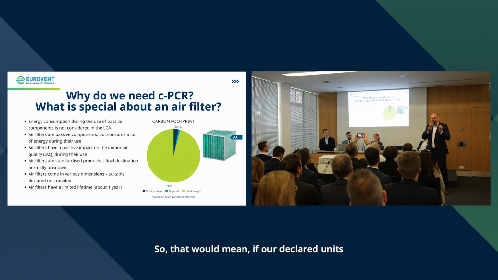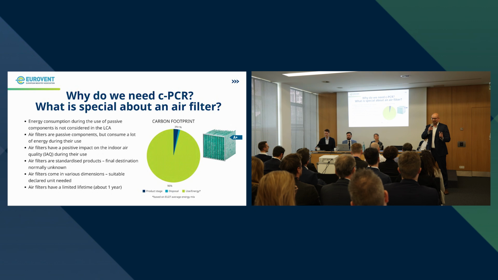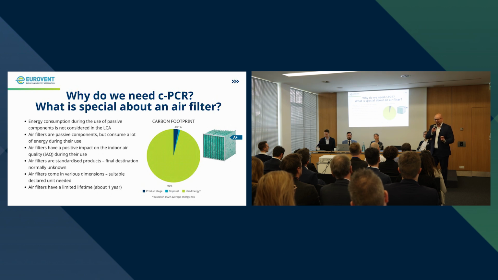So if our declared unit were one air filter of a specific size, one manufacturer would need to do thousands of EPDs for one product. That's obviously not very efficient. So we have to find another declared unit which still makes sense.